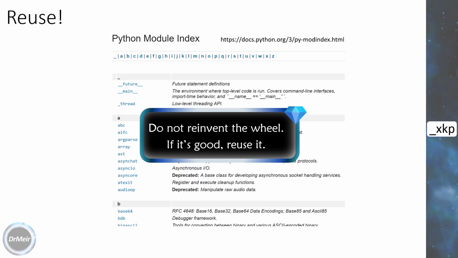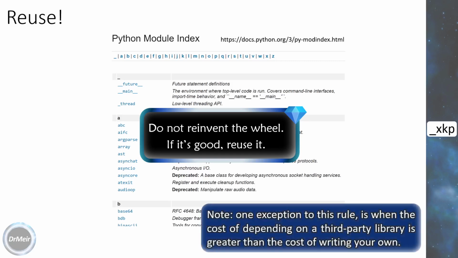Therefore, develop the skill to intuit when functionality is likely available in a library and learn how to search for it. For complete transparency, there is a notable exception to this rule, but you don't need to worry about it at this point.